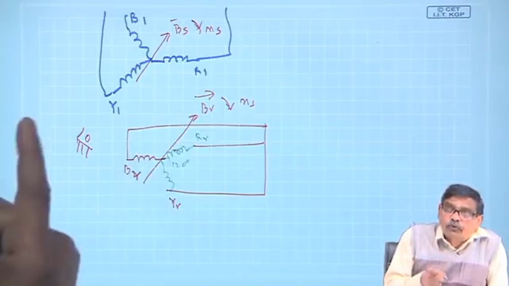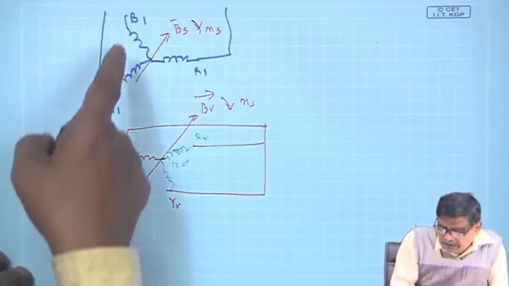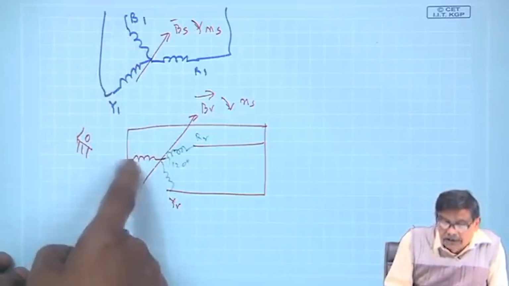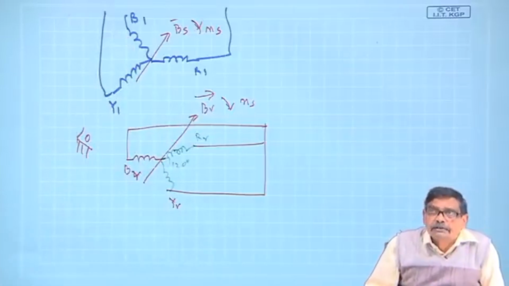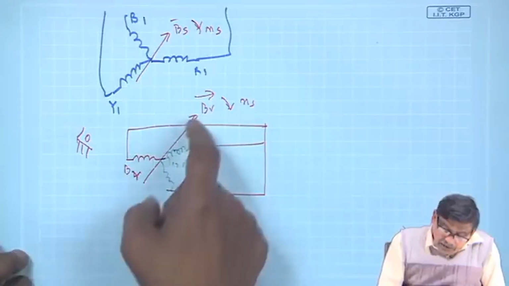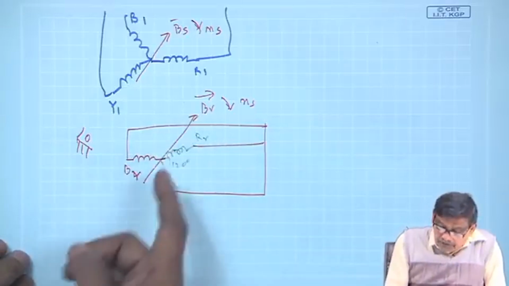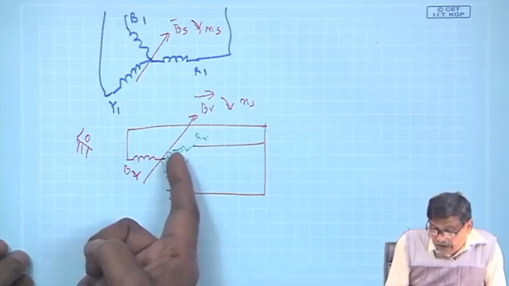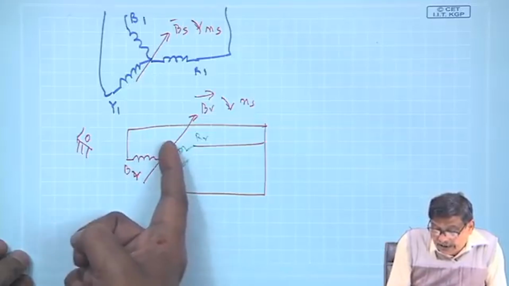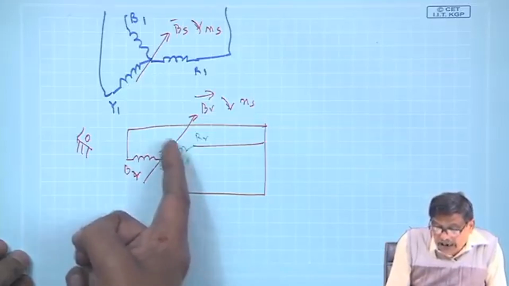Therefore, the induced voltage in any coil, either on the stator or on the rotor, both Bs and Br are going to induce voltage. Why is Br going to induce voltage in this coil? Because there is a relative speed Ns minus Nr between the coil and Br.